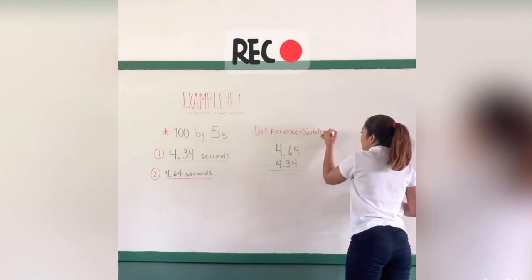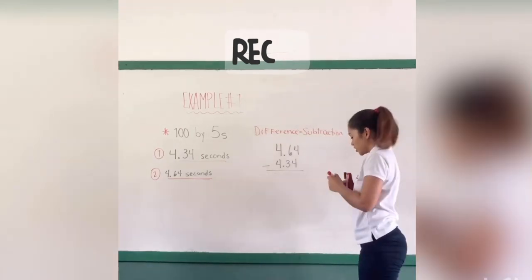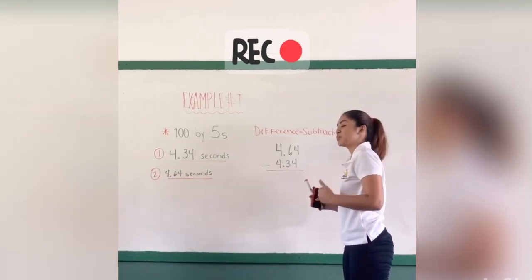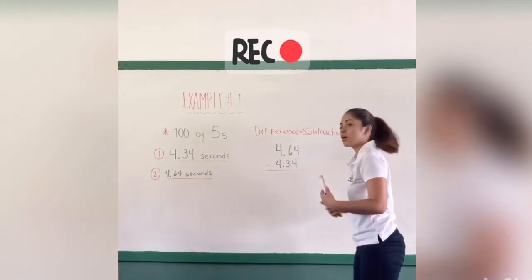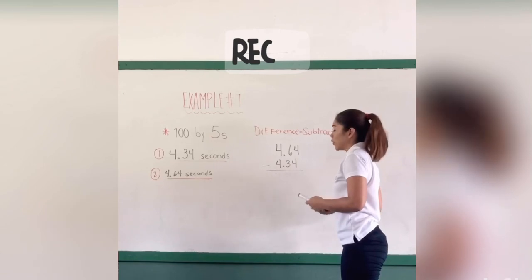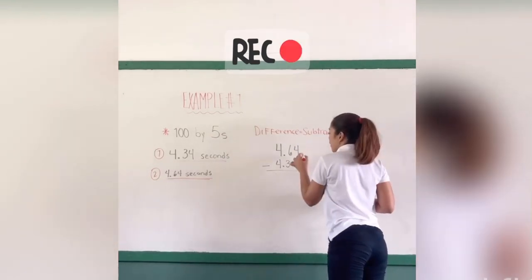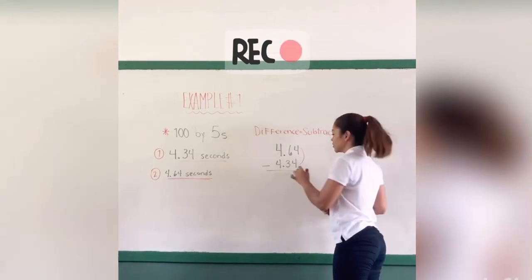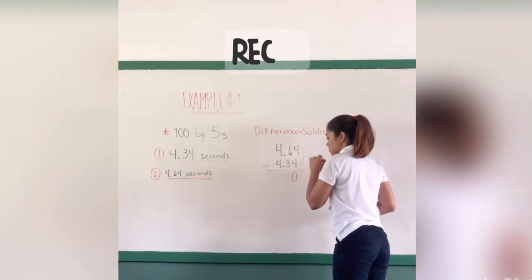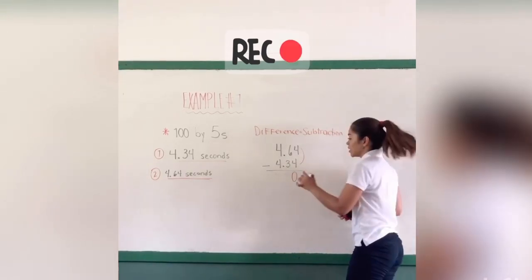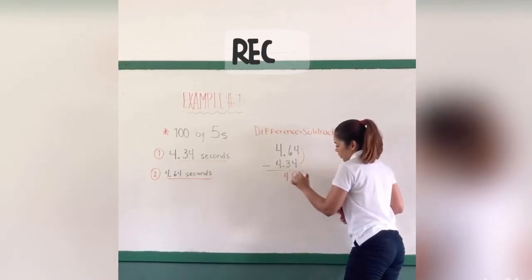So, we need to put the greater number up, and below that number, we are going to put the next one. In this case, our greater number is 4.64. So, let's do it together. 4 minus 4 equals 0. 6 minus 3 equals 3.